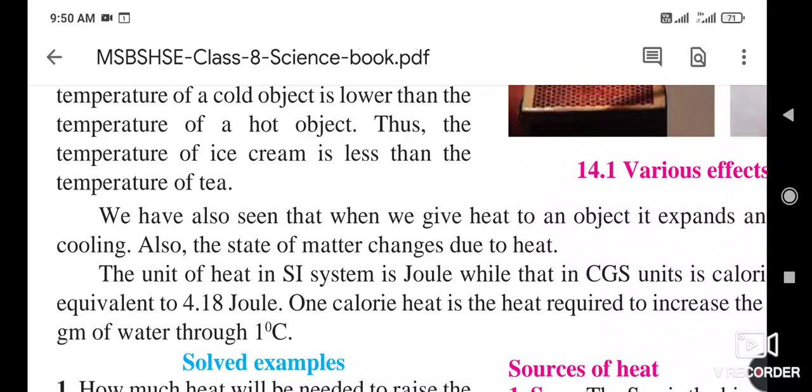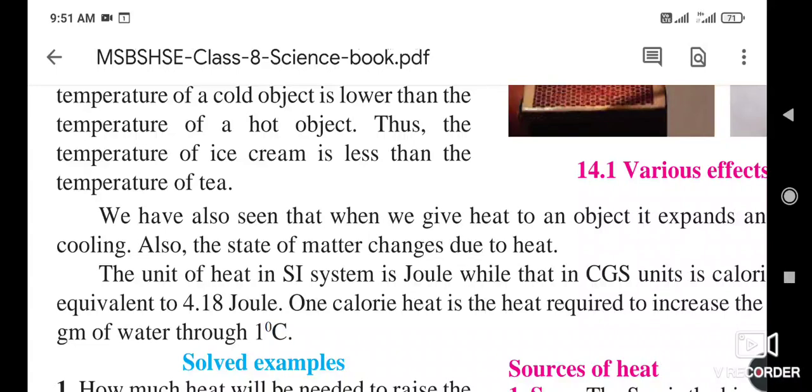So heating or cooling changes the structure of the substance into the gaseous state, liquid state, and solid state.